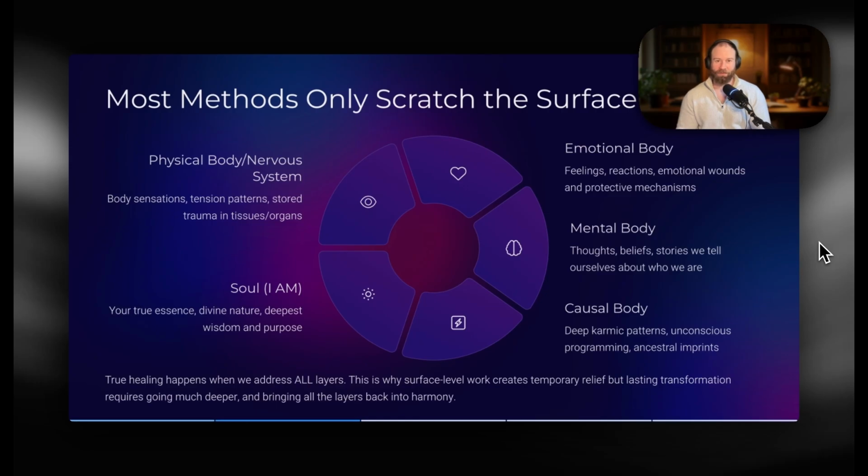And then we move up a level to the emotional body. This is where feelings, reactions, emotional wounds, and protective mechanisms come into play. And this is where if the mind feels triggered, if the mind feels like it's going into situations that it feels threatened in, emotions will be generated within the energy field and within the emotional body and then the physical body to signal to you that you're in a potentially threatening situation.